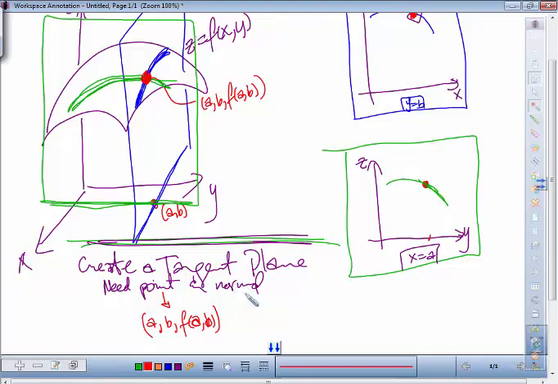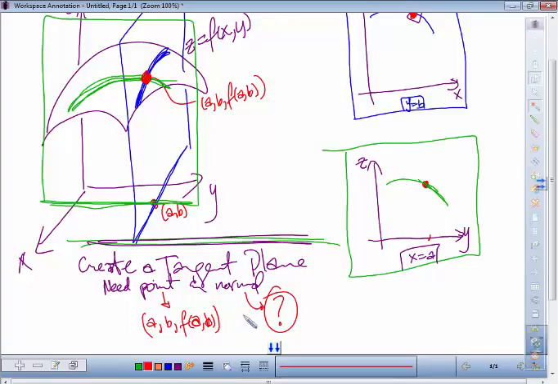So now we just need a normal vector. What are some ways to find normal vectors? A cross product of two vectors, right? So if we can find two vectors that are on this tangent plane, if we cross them, then we can get a normal, right?